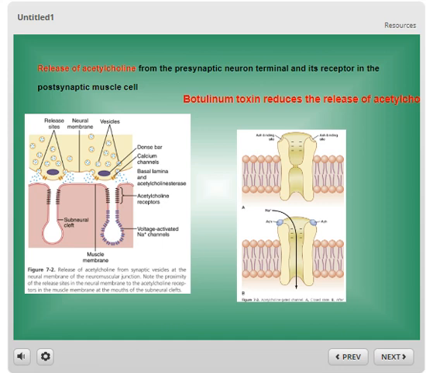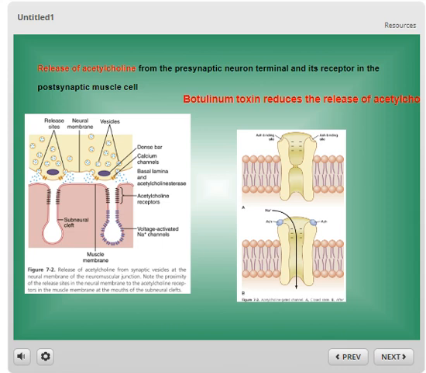This influx of sodium ions leads to depolarization of the muscle cell membrane and generates an excitatory postsynaptic potential, or EPSP. If this depolarization is sufficient to reach the threshold, an action potential is generated in the muscle cells, leading to muscle contraction.